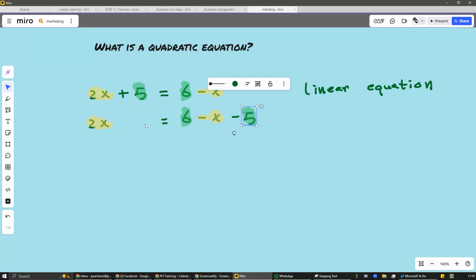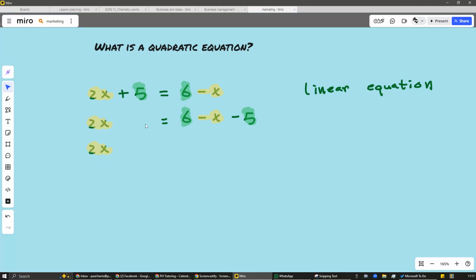So minus 5. Okay. I'm then going to add x to both sides, but by adding x, it cancels out the minus x. So that's why I'm choosing to do that. So let's first of all just copy out the left side as it is, and then I'm going to add x.